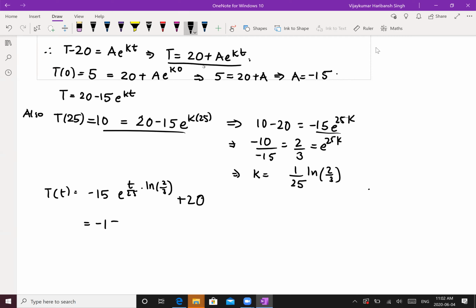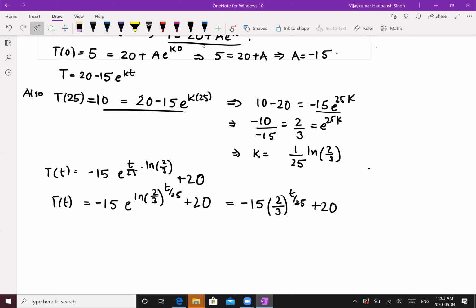So this is going to be minus 15 e to the power ln of 2 by 3, the whole power t by 25 plus 20. Now exponential and log ln are inverse of each other, e and ln. So we get minus 15 times 2 by 3 to the power t by 25 plus 20. So this is your t of t.